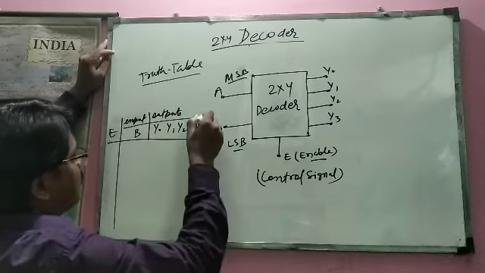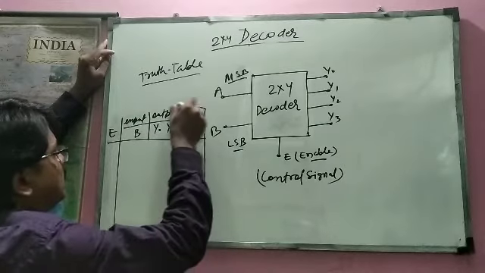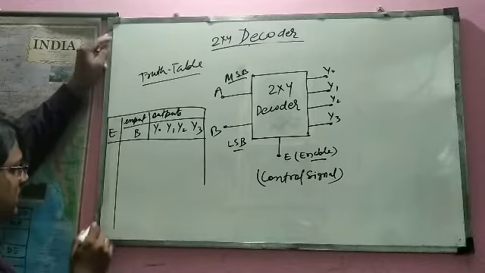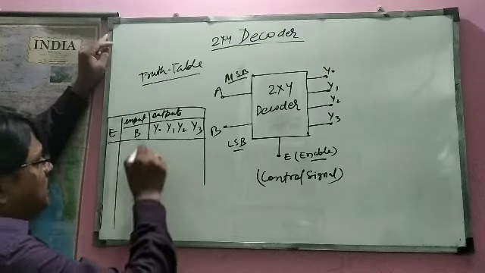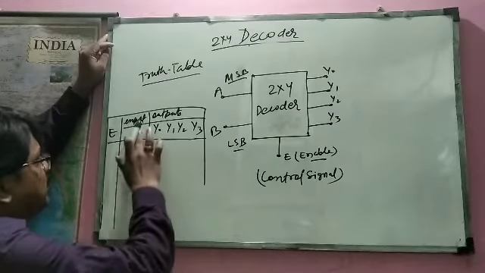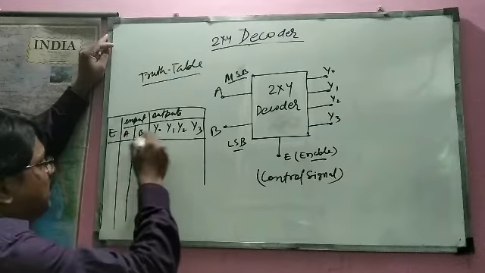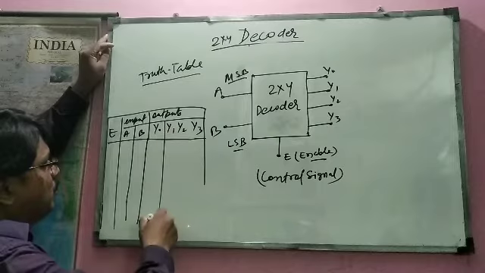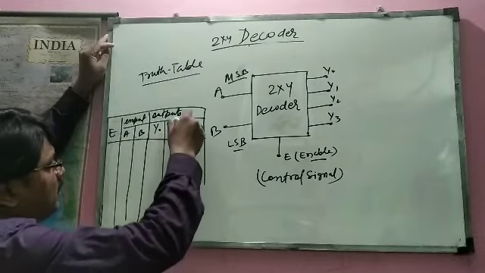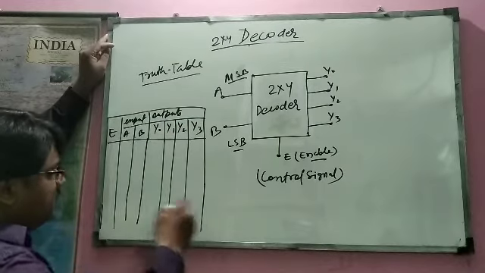So this will be like that, and here it is A, and here it is B, and here it is Y0, Y1, Y2, Y3.